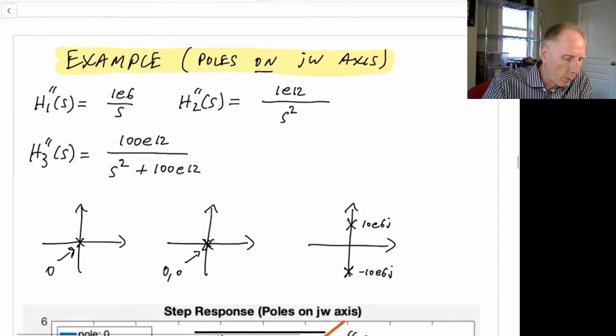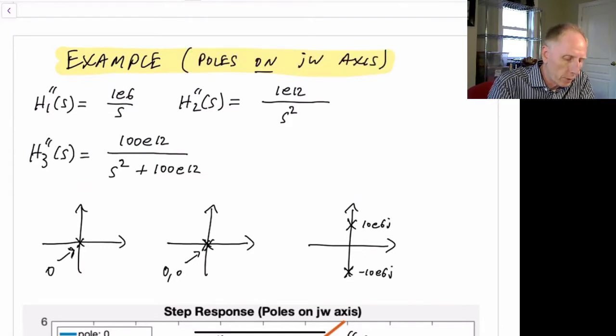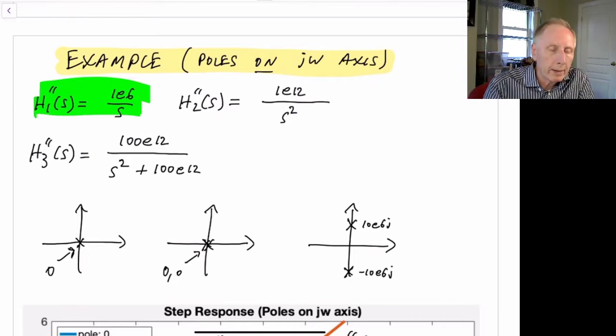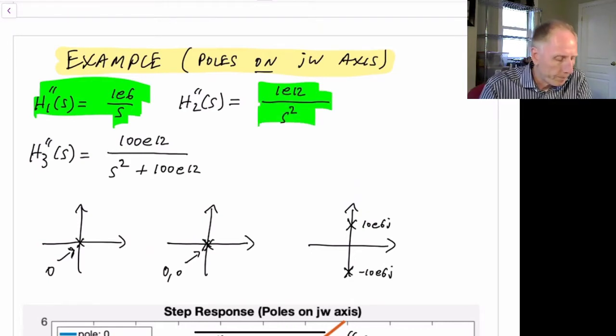Our final example we want to look at is when our poles are exactly on the j omega axis. So in this case, we'll have H1 given by this equation, 1e6 divided by s. H2 double prime, sorry, that was H1 double prime.